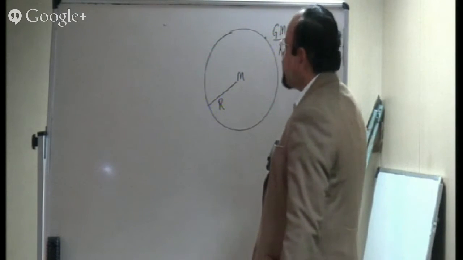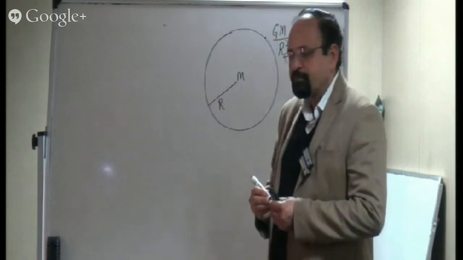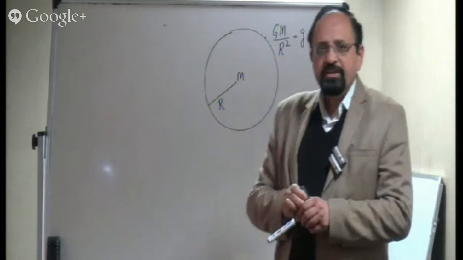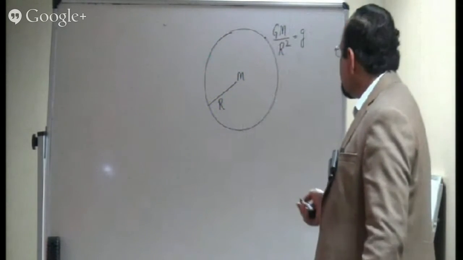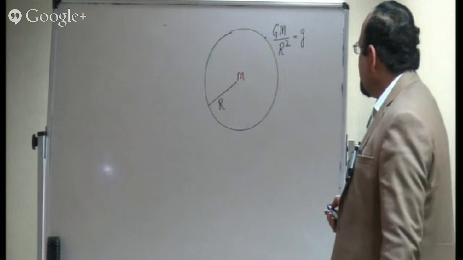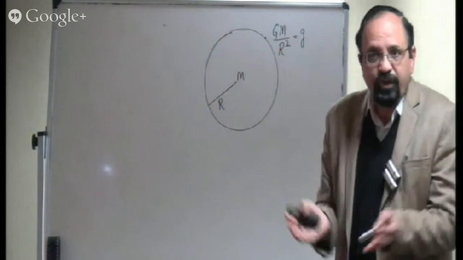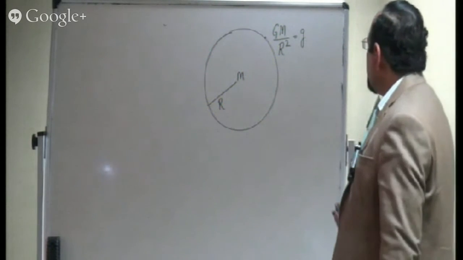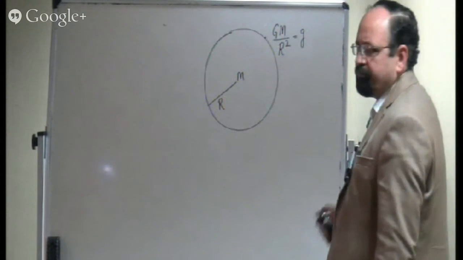This must be the acceleration due to gravity. It appears that this quantity is constant because mass is constant and radius is fixed because of a spherical shape. But it is not constant.